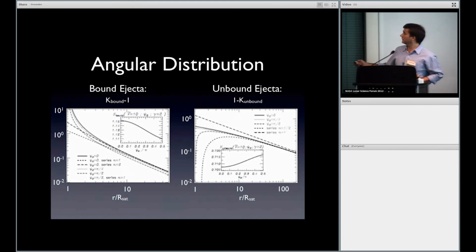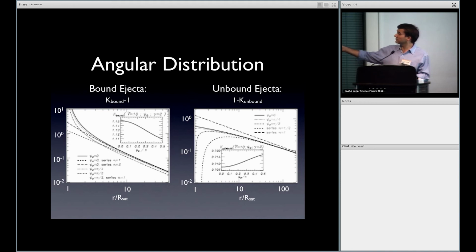If you include the angular distribution, it is going to change the shape of the number density as a function of radial distance, close to the surface. So they will be of different shape.